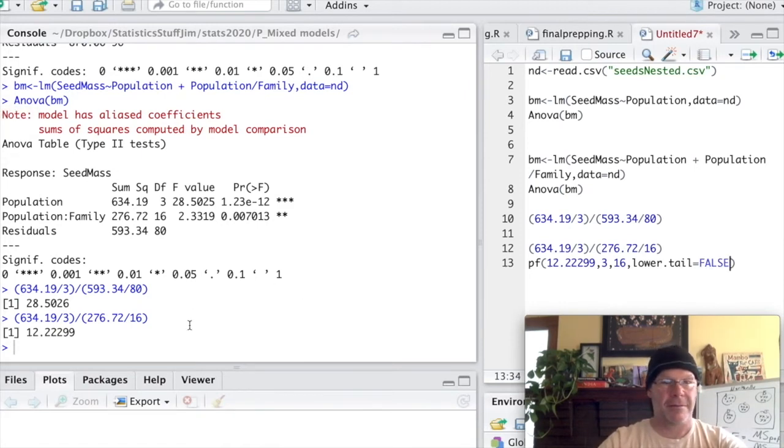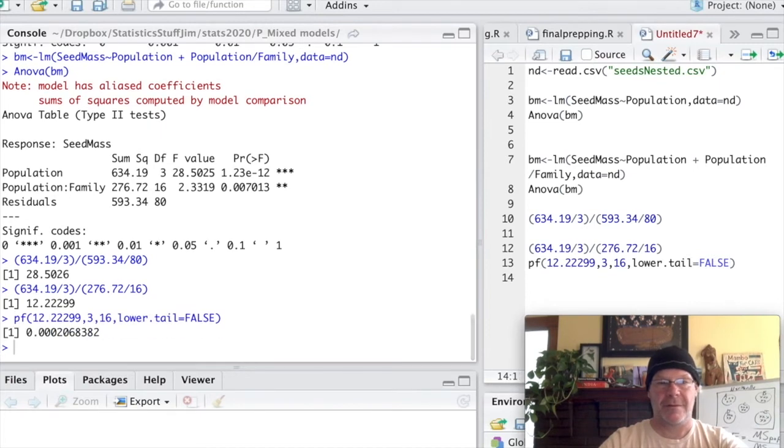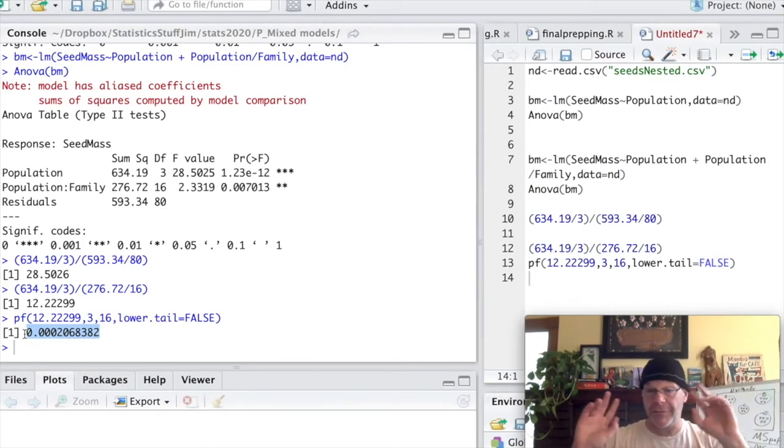And there we have it. There is the actual correct p-value. It's still significant. We would still reject the null and accept the alternative.